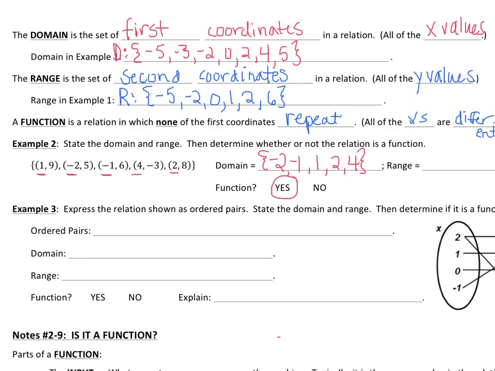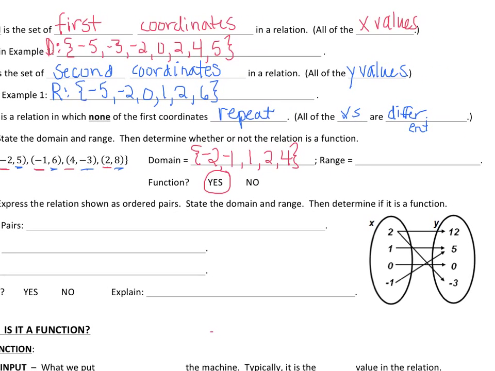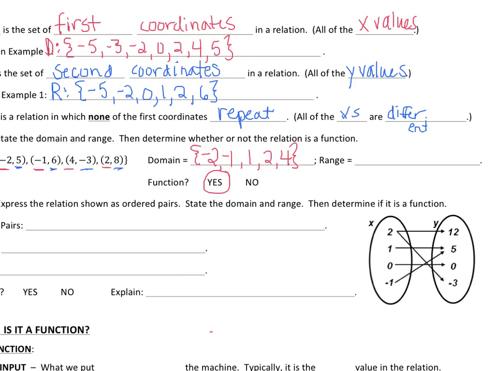And then now let's look at our y values. We have 9, 5, 6, -3, and 8. Let me move this over just a little bit so I have more room to write.